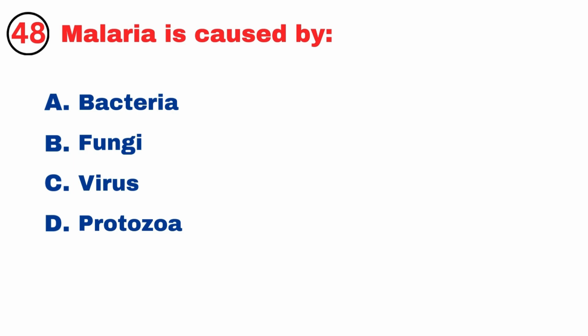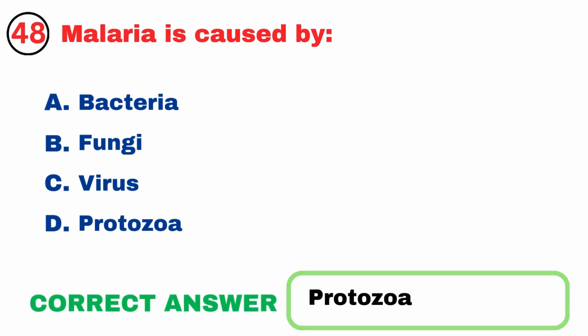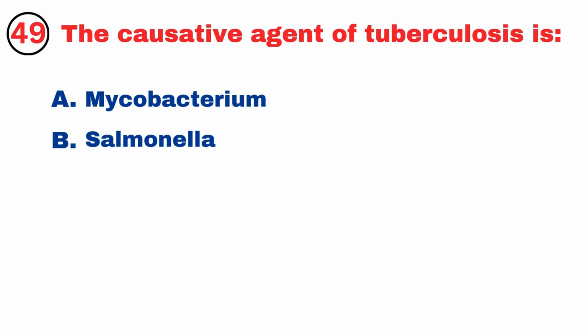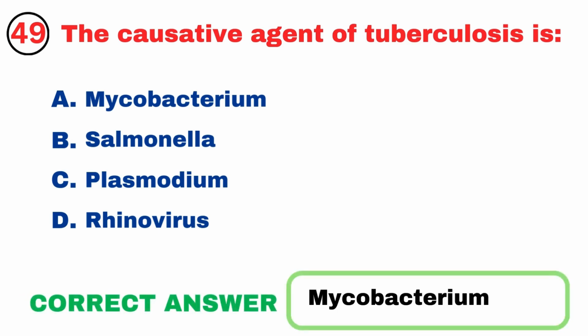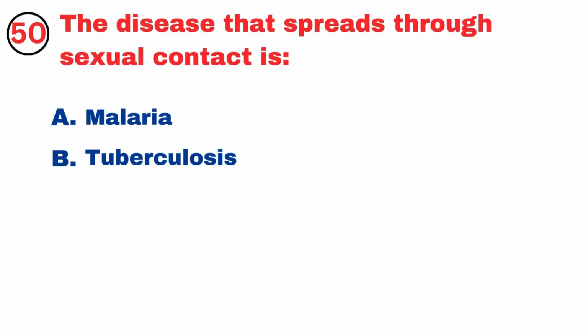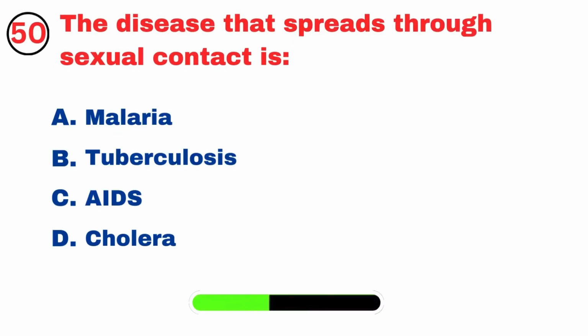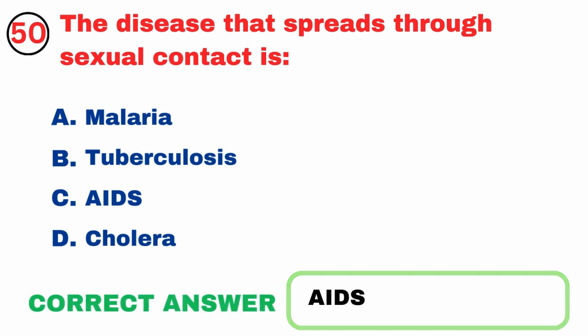Malaria is caused by protozoa. The causative agent of tuberculosis is Mycobacterium. The disease that spreads through sexual contact is AIDS.